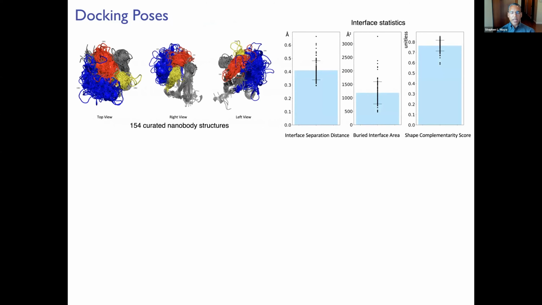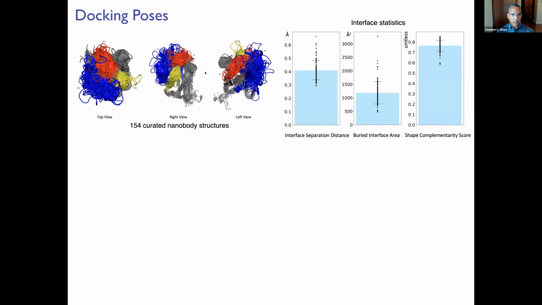Okay, so for this test case, we selected 154 nanobody antigen structures from the PDB. The nanobody components of those complexes are shown here, these 3 different orientations of the same assembly of 154 nanobodies.